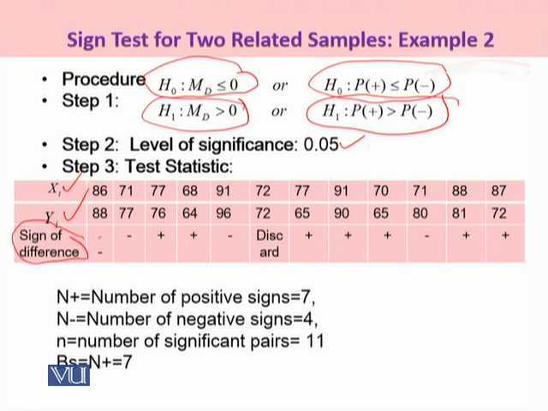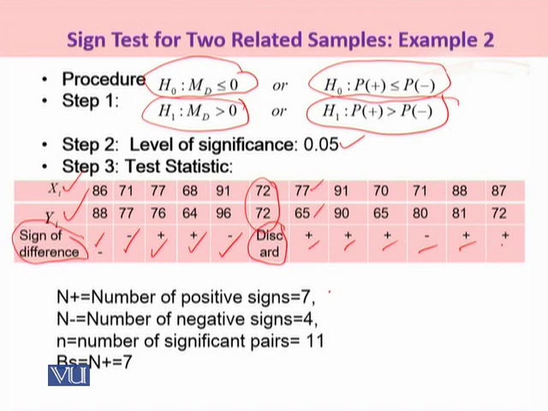For example, 86 minus 88 gives a negative sign, 71 minus 77 negative, then positive, 68 minus 64 positive, 91 minus 96 negative, and one value pair is exactly identical. According to the procedure, we have to discard it from the total sample size. Then 77 minus 65 positive, positive, then next is positive, negative, positive and positive.